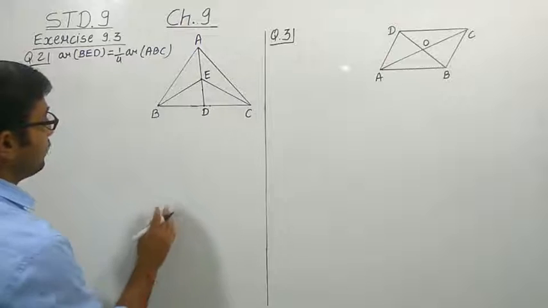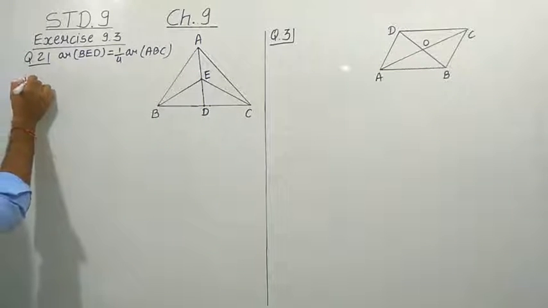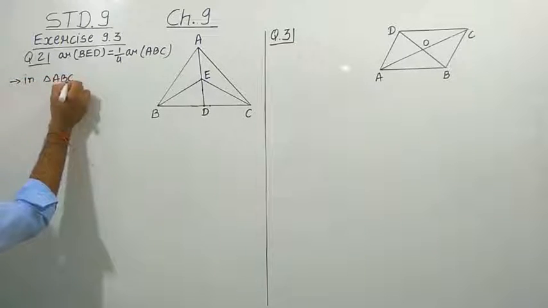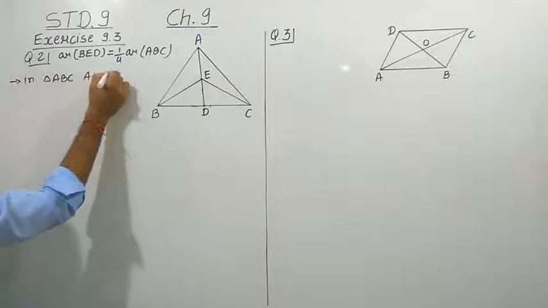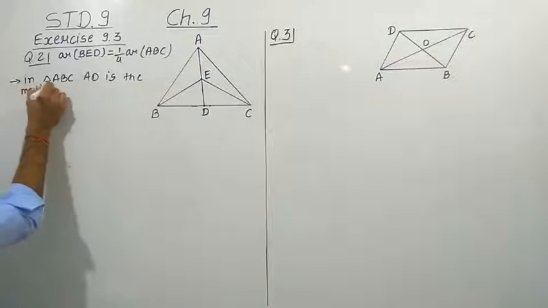So here, first of all, we know that AD is the median of triangle ABC. So we can write down that in triangle ABC, AD is the median.